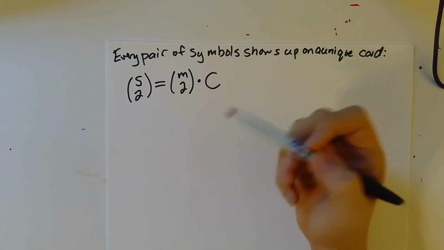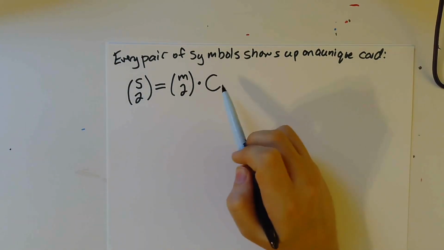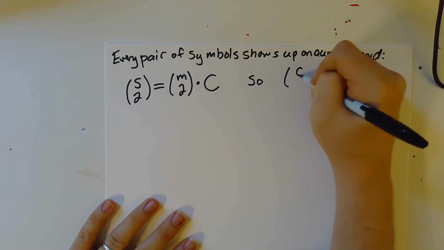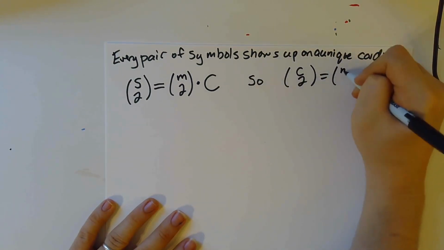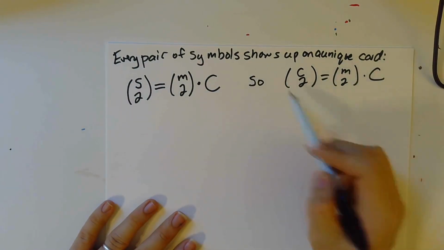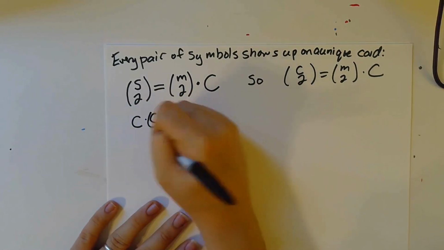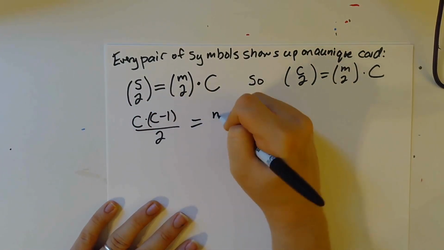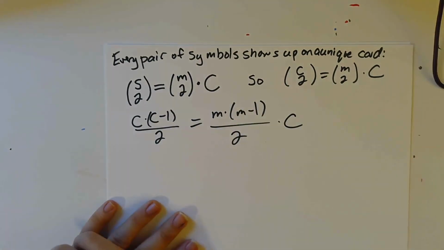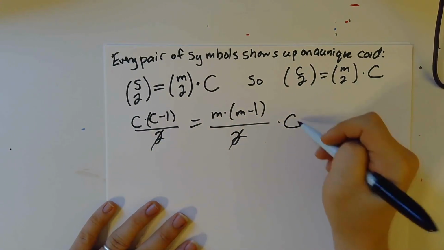But remember from the lemma that the number of symbols is the number of cards. So I can simplify this a bit. So C choose 2 is equal to M choose 2 times C. And I'm going to go ahead and write out the algebra of C choose 2. So that's C times C minus 1 divided by 2, equals M times M minus 1 divided by 2 times C. Okay, I'll multiply by the 2's to clear those out.